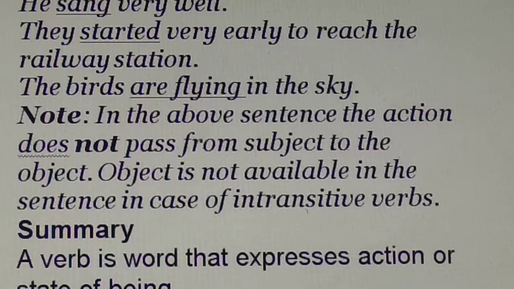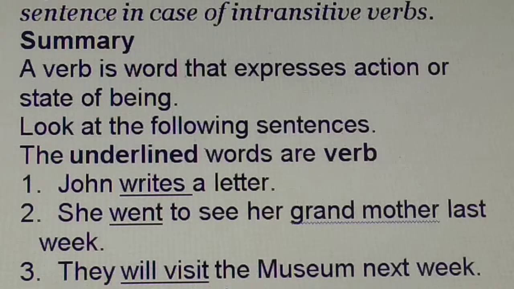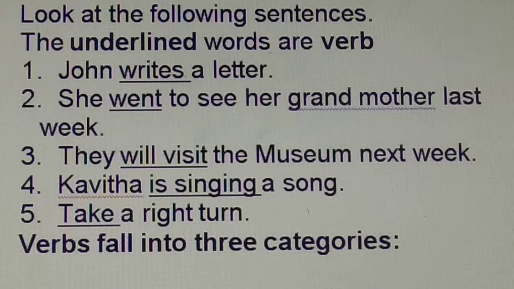Let's once again go through this, okay? So, what is a verb? It is a word that expresses action or state of being. Now, look at the words that are underlined, children. John writes a letter. What is it? Yes, verb. It denotes some action.